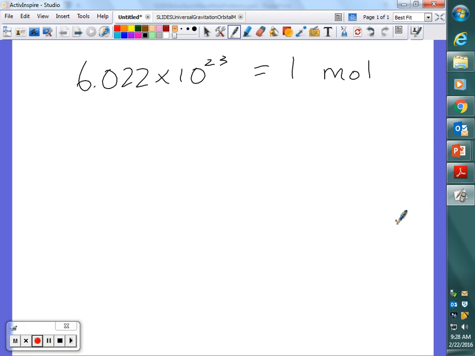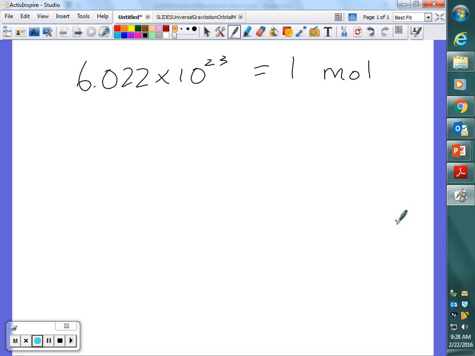A mole is a counting unit. It's always the same number of things, regardless of what those things are, there's always the same number of them. Okay?